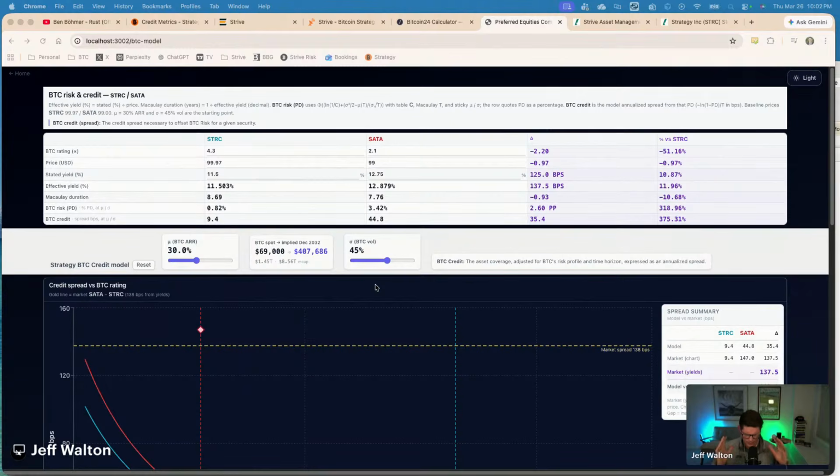So, okay, why are we doing this? We're doing this because we are underwriting a long-term view of Bitcoin, a long-term annual rate of return, a long-term volatility measure. And based on those views, you can start to compare the credit spreads between the two.